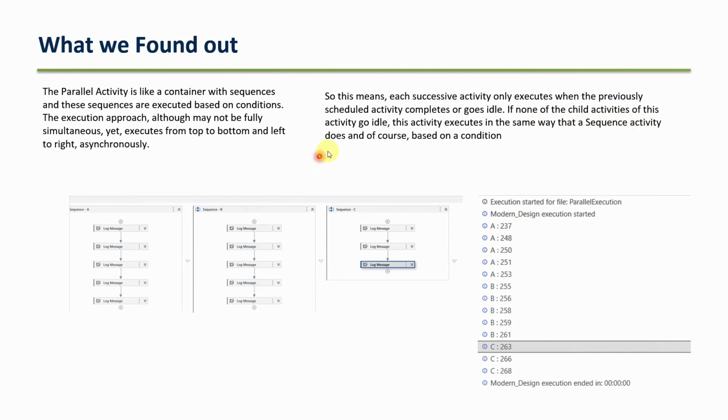If none of the child activities go idle, this activity executes in the same way a sequence of activities goes based on a condition. If everything works well, as you see in this screenshot, the output is A, B and C. But in case you get some idleness or delay, then it shifted to the parallel execution.